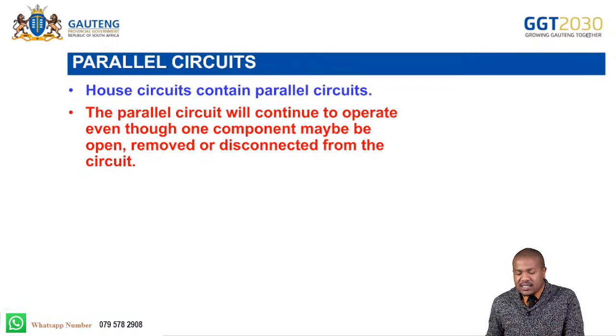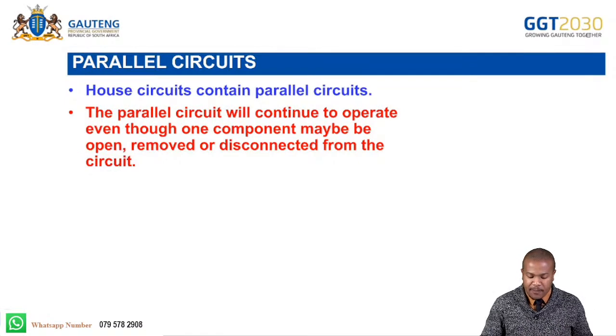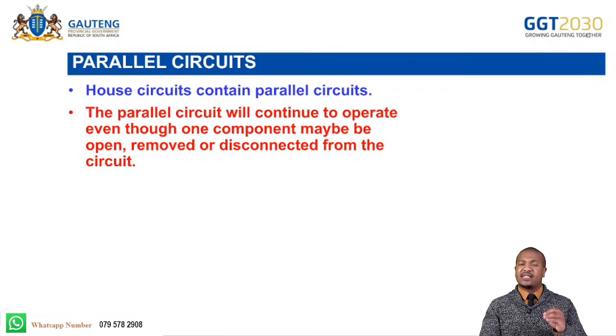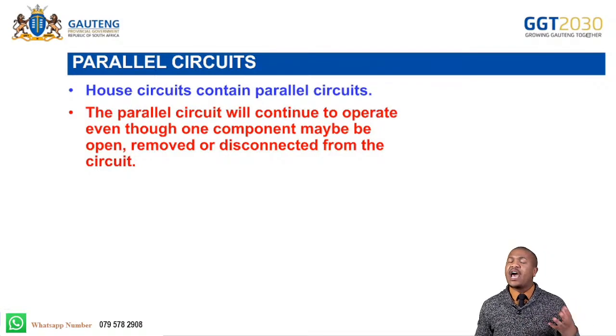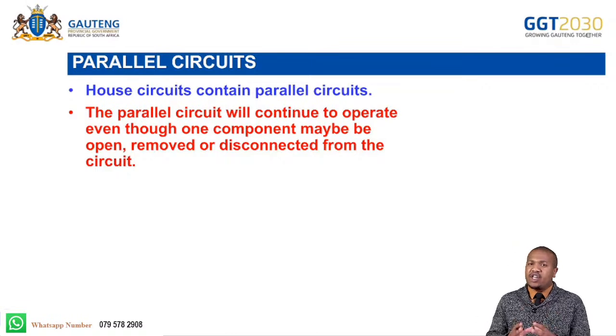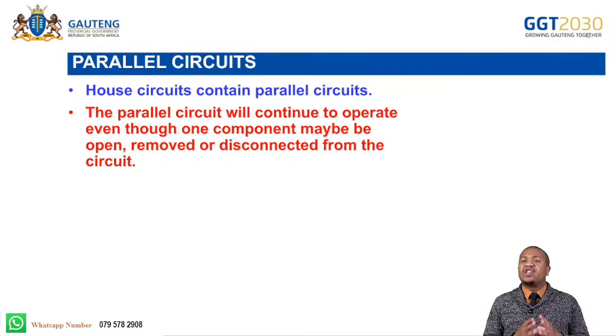The parallel circuit will continue to operate even though one component may be open, removed or disconnected from the circuit. Now let's think of this. Sometimes you are chilling where? In the sitting room, and you prefer your lights to be off so that you can watch the television.